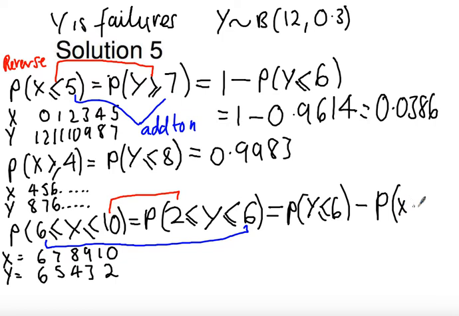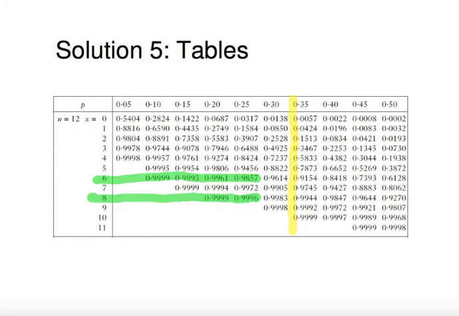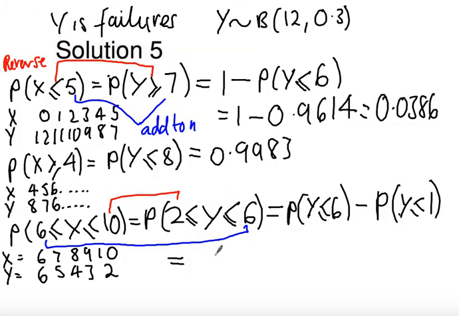So take away probability y, keep on doing it again, take care, y is less than or equal to 1. So when we take our readings from the table, less than or equal to 6 is 0.9614.